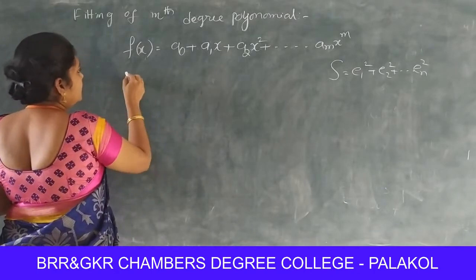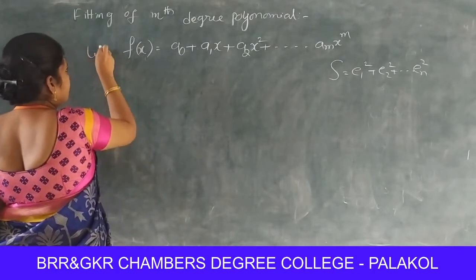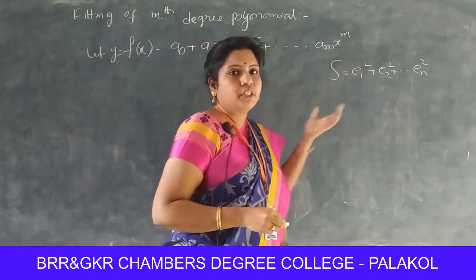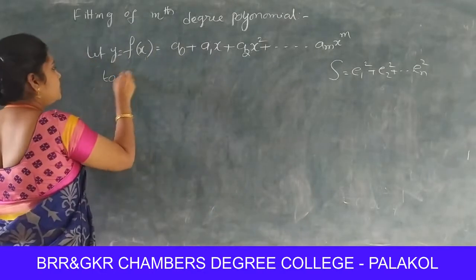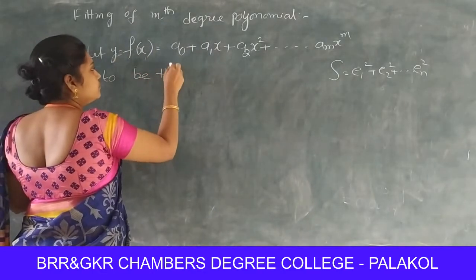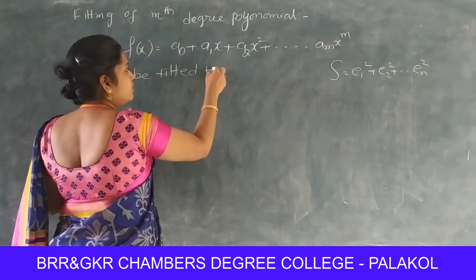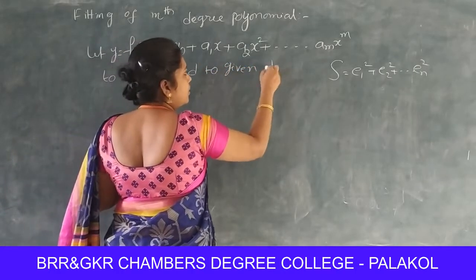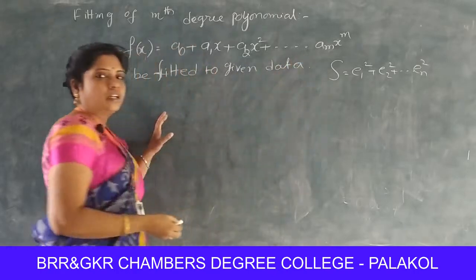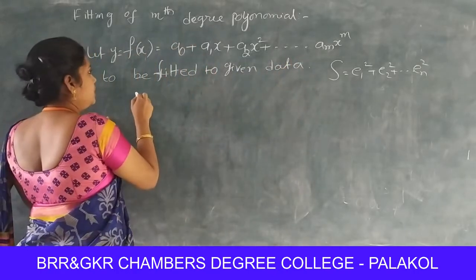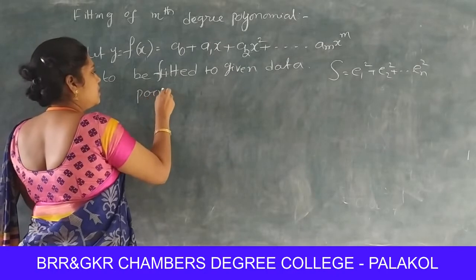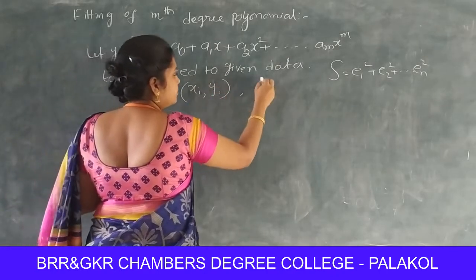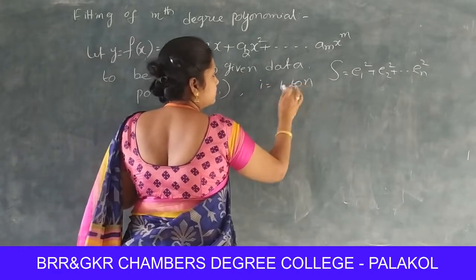Now here, let y is equal to f of x be the nth degree polynomial to be fitted to the given data points xi, yi, with i running from 1 to n.